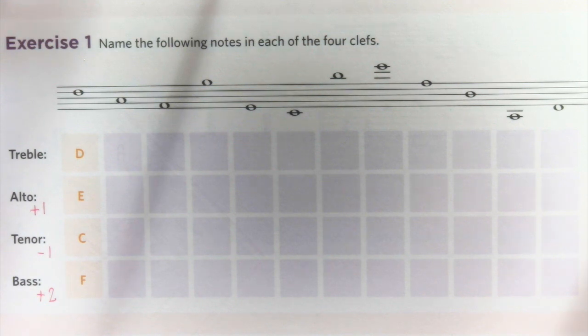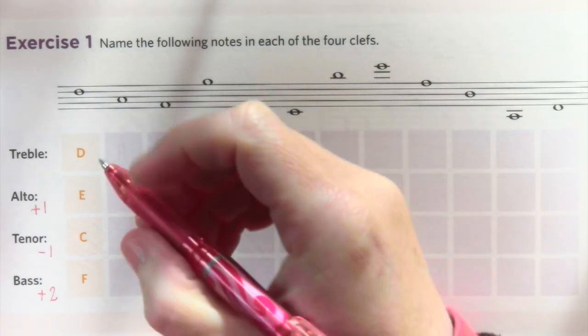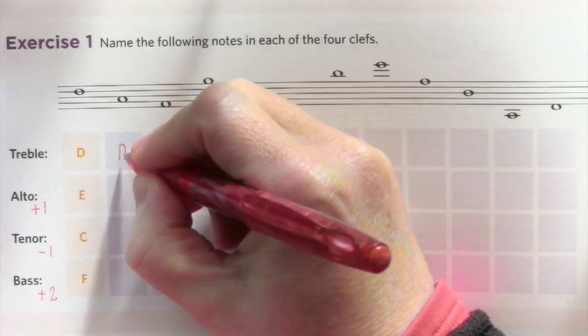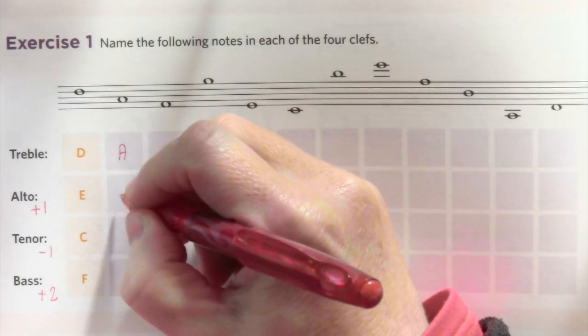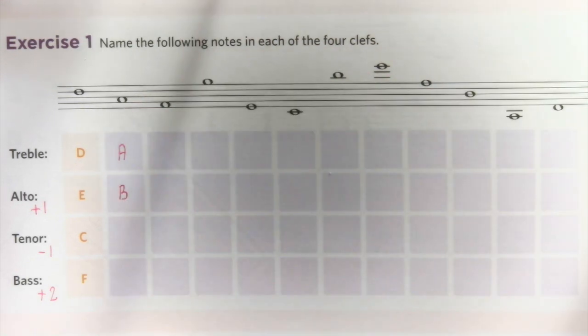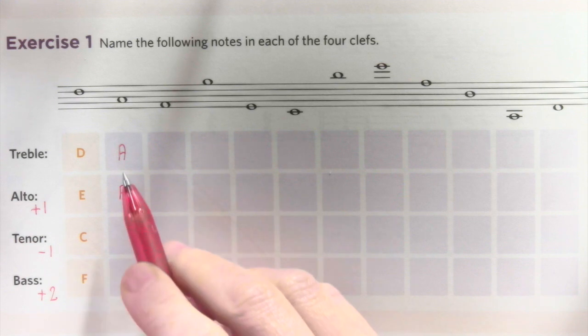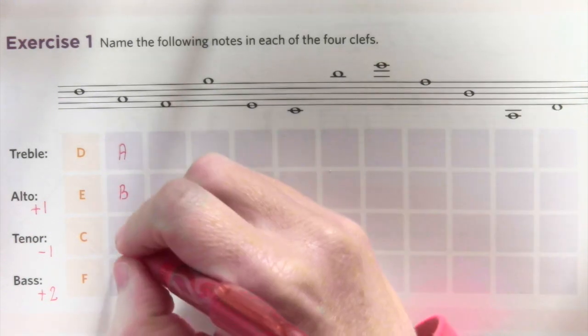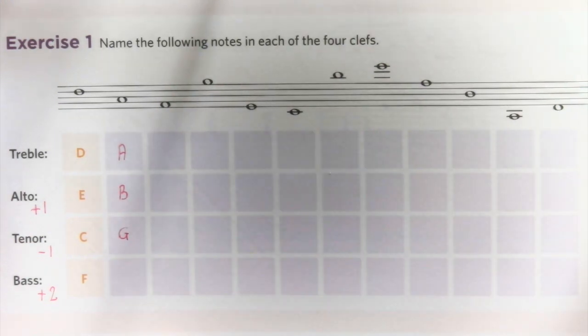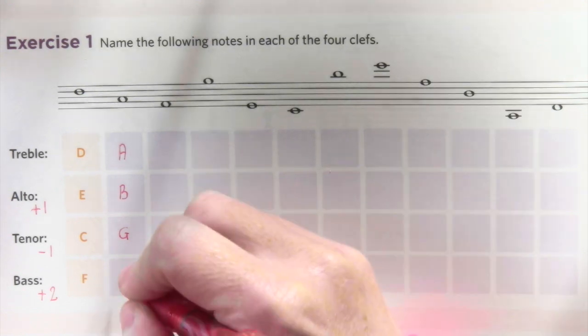So, let's do some maths. La becomes Si in the alto clef. In the tenor clef, La minus 1 is Sol, and in the bass clef would be Do.